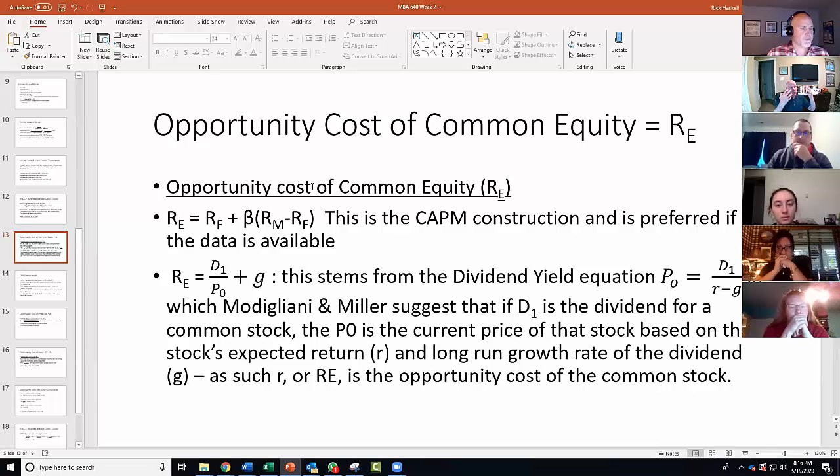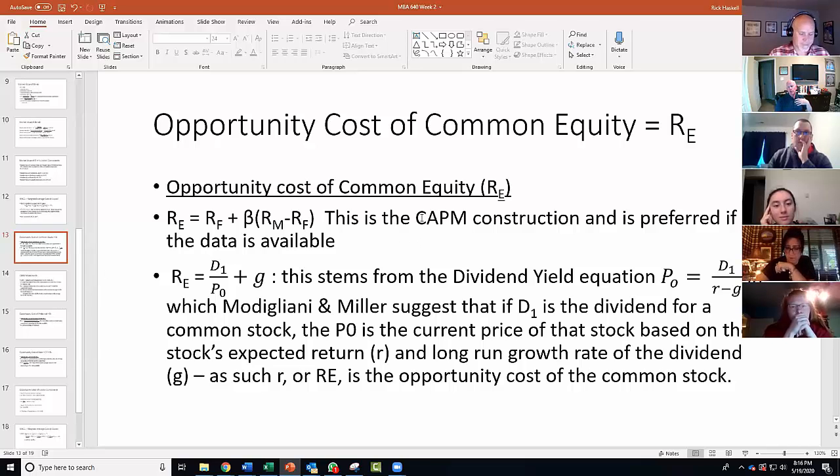When we're talking about market values, our best way of looking at anything and everything is a real opportunity cost. Well, how do we come up with that real opportunity cost? We use a construction referred to as the capital asset pricing model, or the CAPM construction. And we calculate RE using CAPM by taking, and I'll explain all this in a moment, RF plus beta times RM minus RF. What the heck does any of that mean?